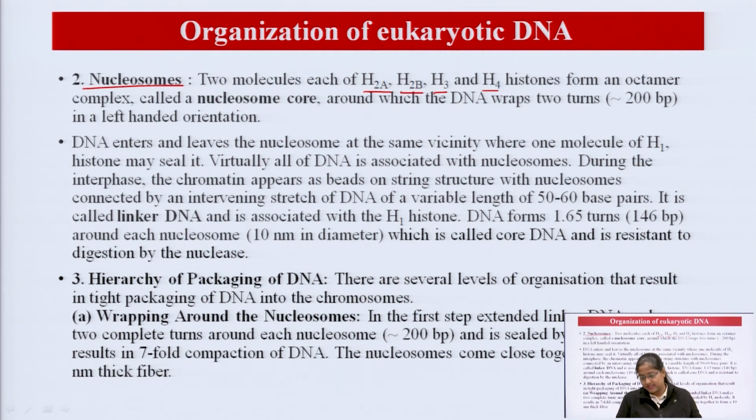In the first step, extended linker DNA makes two complete turns around each nucleosome, that is around 200 base pairs, and is sealed by an H1 molecule. It results in 7-fold compaction of DNA. The nucleosomes come closer to form a 10 nm thick fiber. That's how the DNA folds and wraps together.